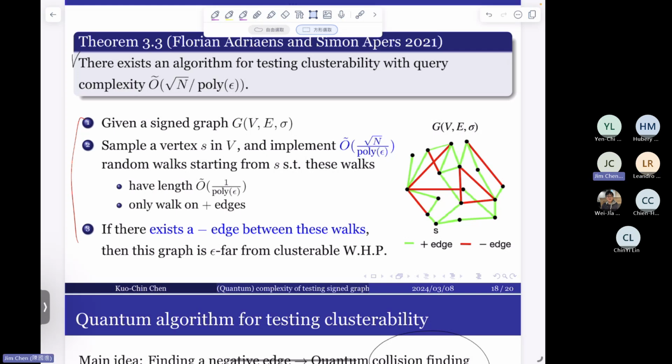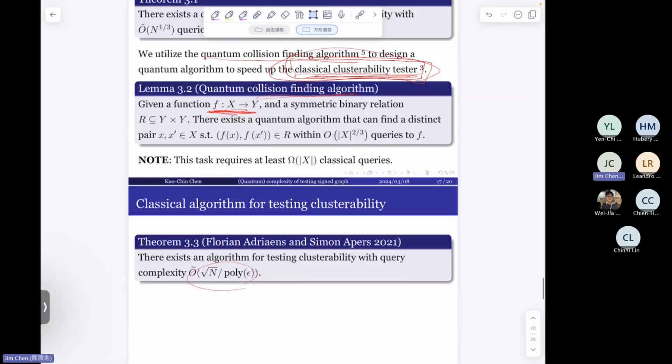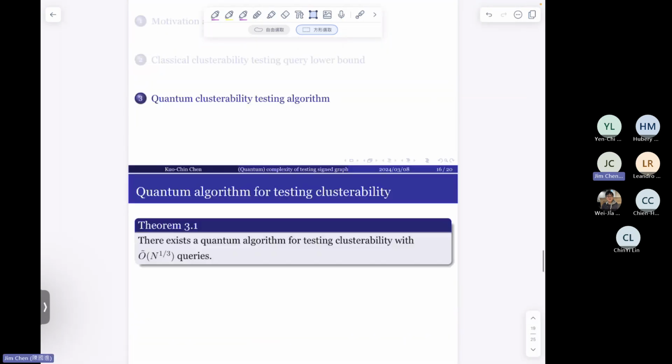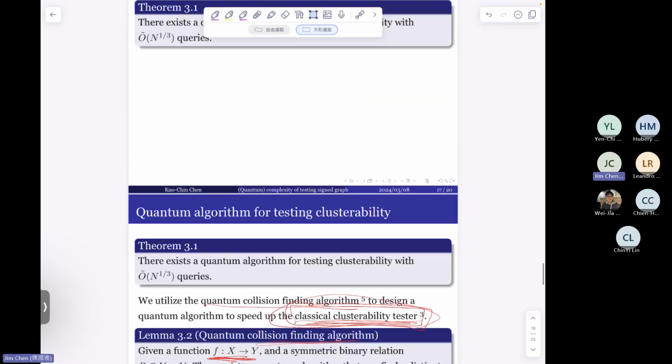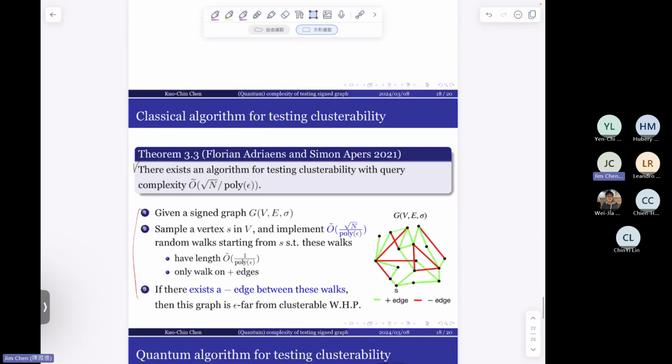I am not sure for the lower bound, but I think we can still have a similar result. For the quantum algorithm, if we have multiple labeling, then we have to define some property which is distinct from clusterability.